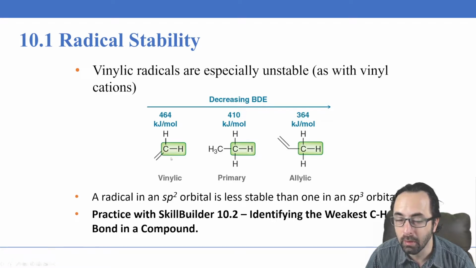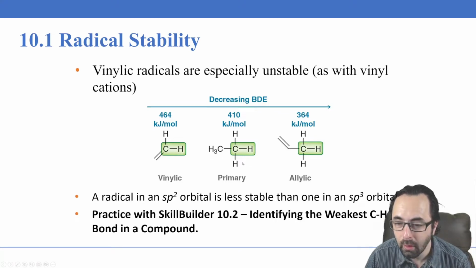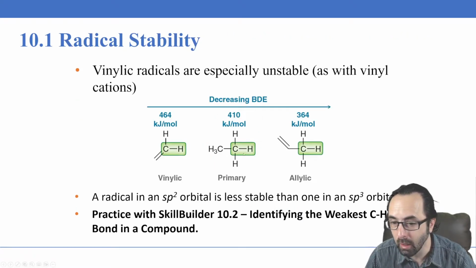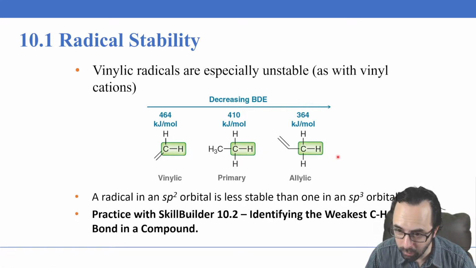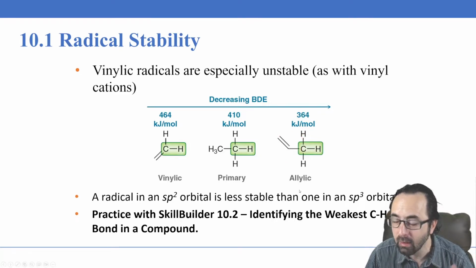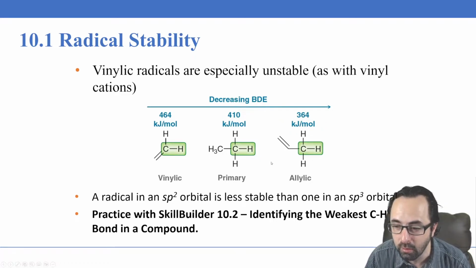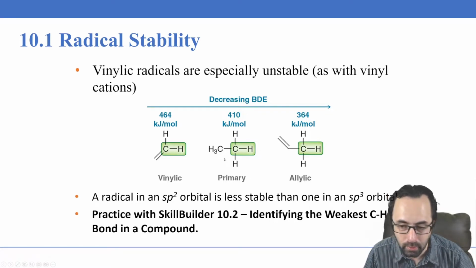Breaking the vinyl carbon-hydrogen bond costs a lot of energy because it produces such an unstable radical. Likewise here, you can see this is even greater than it would be for the primary carbon-hydrogen bond breaking to produce the primary radical. And the allylic, of course, due to the resonance stabilization of the resulting radical, breaking the CH bond in the allylic position is much easier with a much lower bond dissociation energy. A radical in the sp2 orbital is even less stable than one in the sp3 orbital.